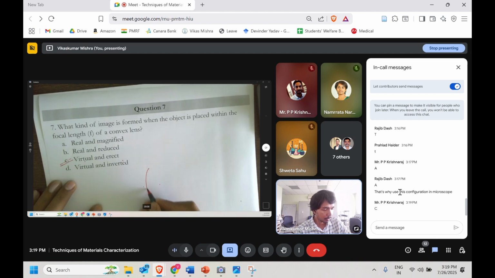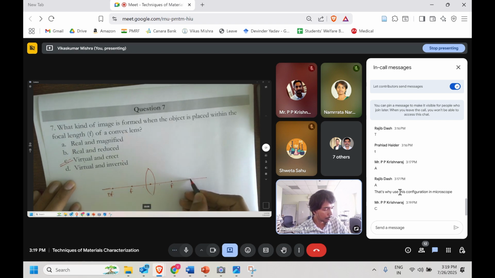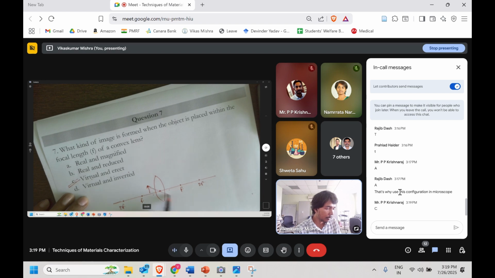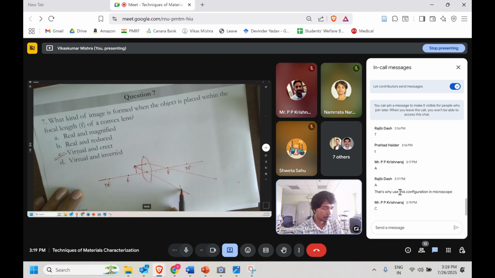Let's see the solution for this. This is f. This is 2f. We are placing our object somewhere over here. The ray will go directly here, and then if we make it parallel, it will pass through the focus, right? We can see that they are diverging from each other.